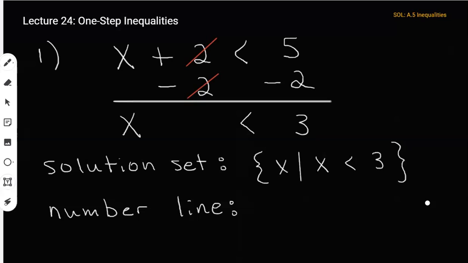Now for the number line, you've probably seen this before. It's just going to be a horizontal line with 2 arrows, one on the right side, one on the left side. And what I'm going to do for my number line is take my answer, that 3, and put it in the middle of the line. So right smack dab in the middle of the line, you're going to have a 3.